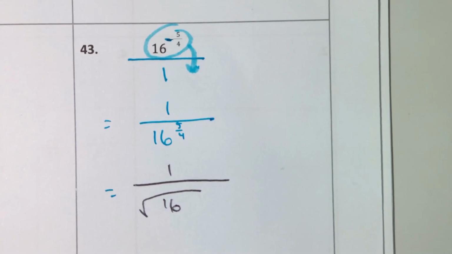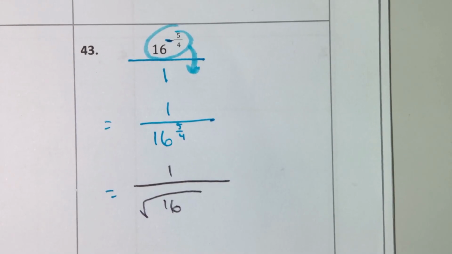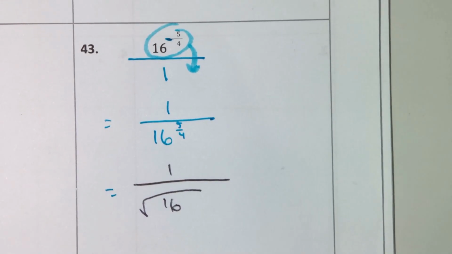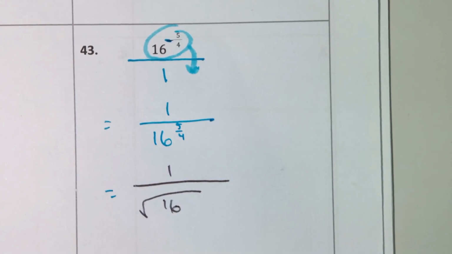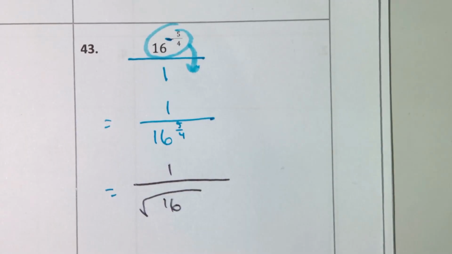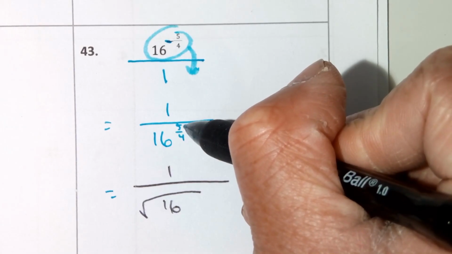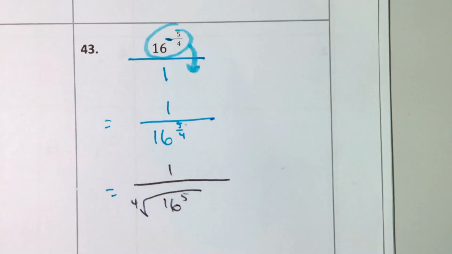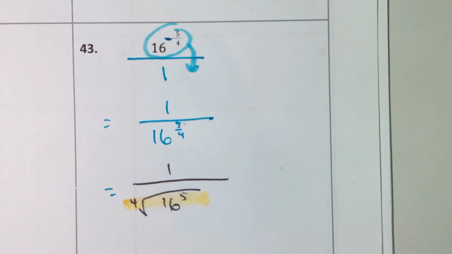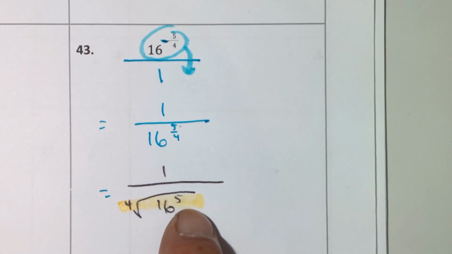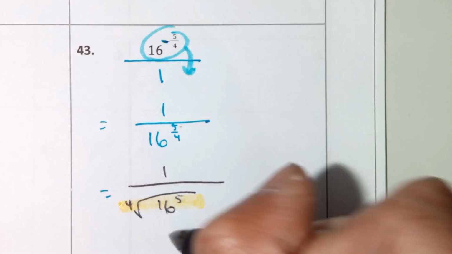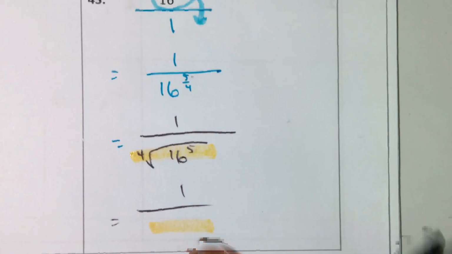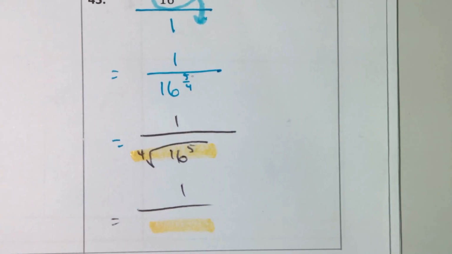And now we just have to deal with the fraction there. Remember, 5 on top goes on the inside, 4 on the bottom goes on the outside. Bottom out, top in. Highlighting here in yellow to show you your answer. And yellow will go on the bottom of the fraction.